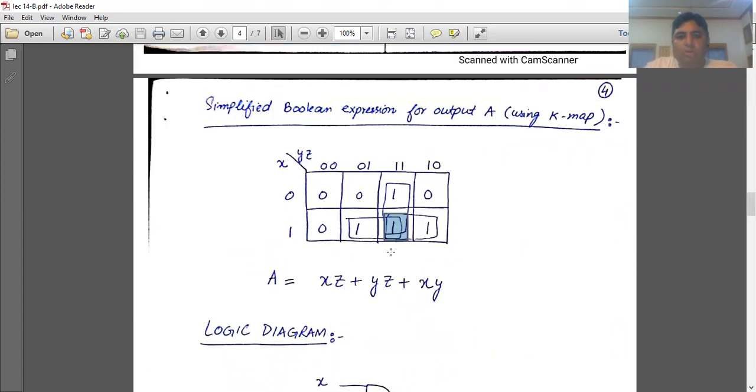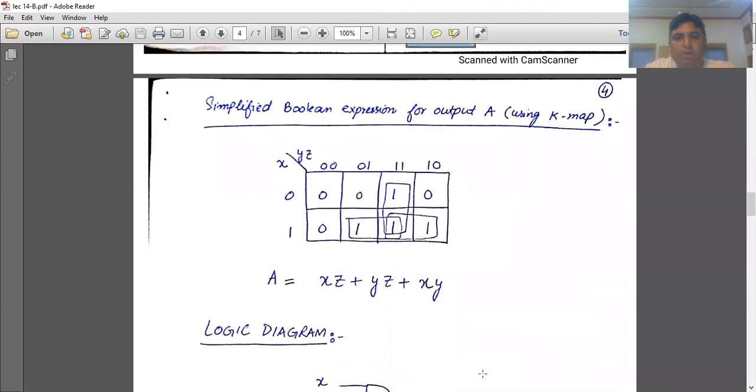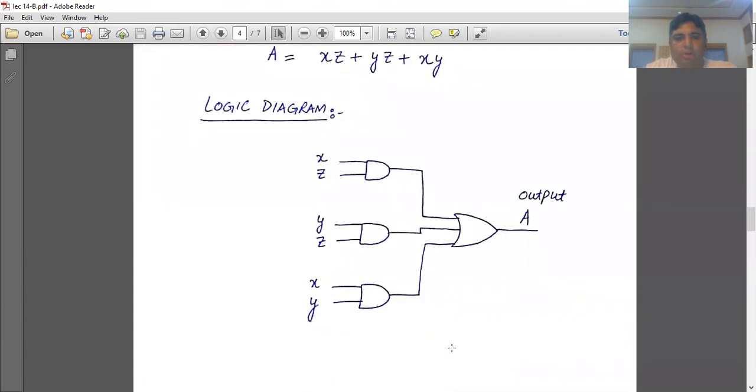So these 4 ones have 3 groups. One group is this, another group is this, and the third group is this. Taking these 3 groups, you will have XZ, YZ, and XY. So this is the simplified equation of the output A. Next we will make the logic diagram.